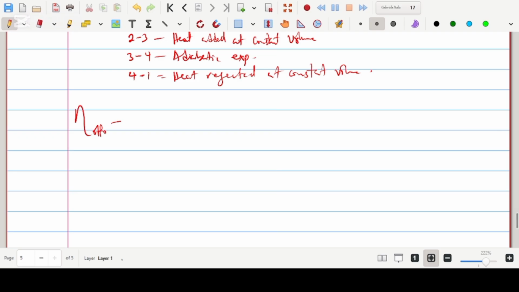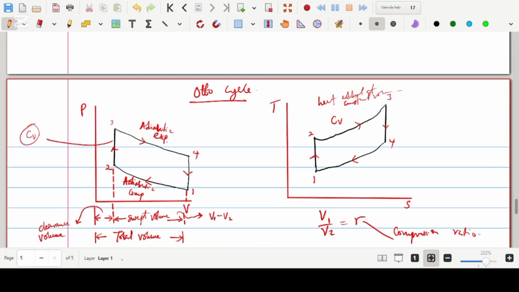You know that efficiency is equal to heat added minus heat rejected over heat added. Heat is added at constant volume, from here to here, so the temperature is what changes.